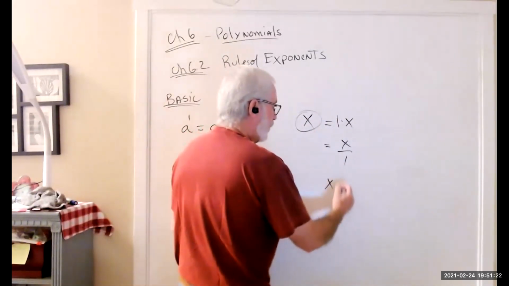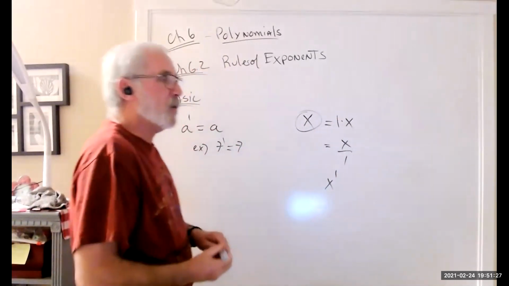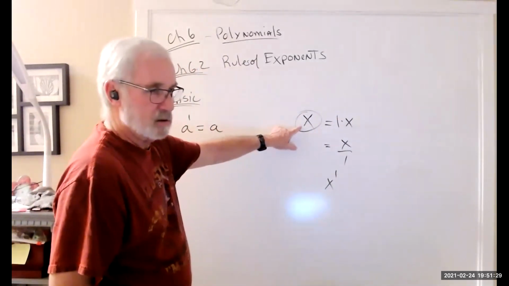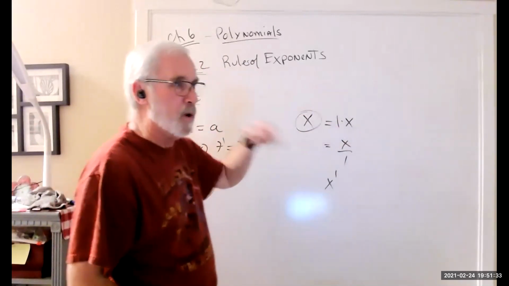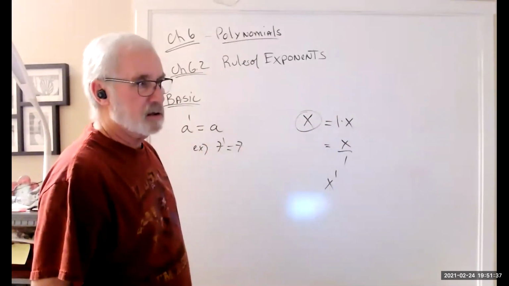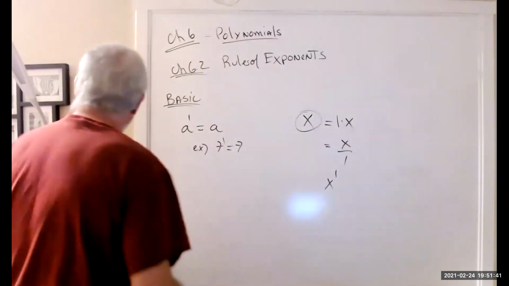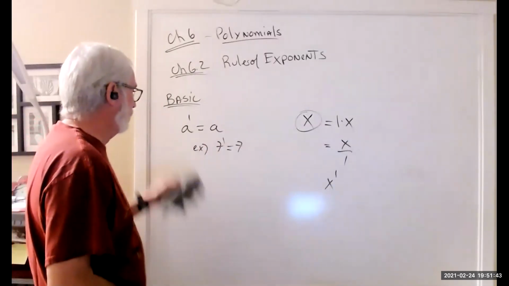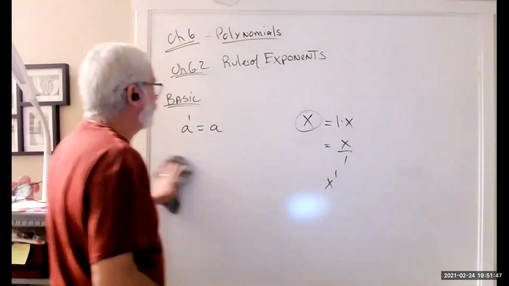Now, there's a 1 power. So every time we write X, there's all these invisible things that go along with X that the student is expected to see. My job is to keep repeating this until you do see it, until you're so sick of me, you don't want to hear it anymore. Okay, so first basic rule, anything to the first power is itself.